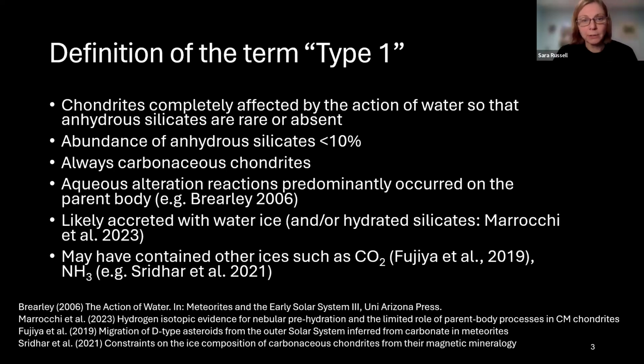They became aqueously altered because they accreted with water ice and possibly hydrated silicates as well, which is the source of the water. As well as water ice, they could also have contained other ices such as carbon dioxide, which precipitates as carbonate, and ammonia, which changes the fluid composition to more alkaline values.